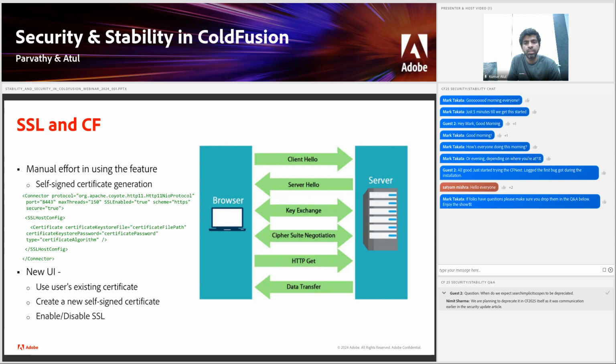Let's say they have already generated a certificate from somewhere, or they procured a legitimate certificate somewhere and they want to use it, or they just want to test their server in the product, right before going to production with a self-signed certificate. So they would want to create their own self-signed certificate and use it with the existing ColdFusion server. And we also provide the ability to enable and disable SSL.